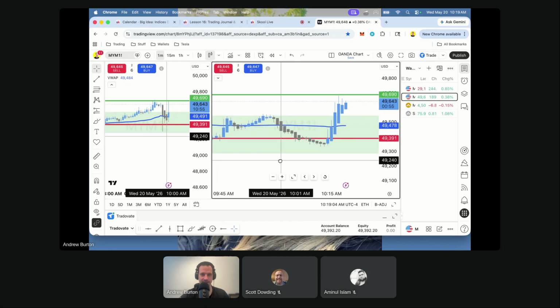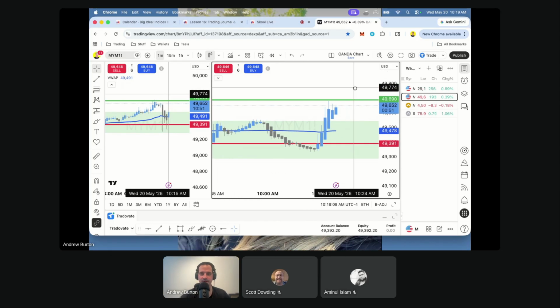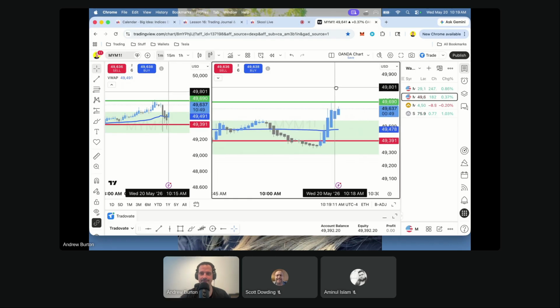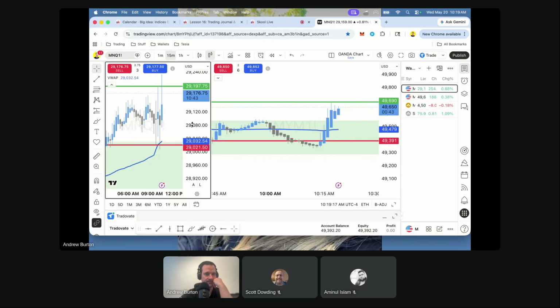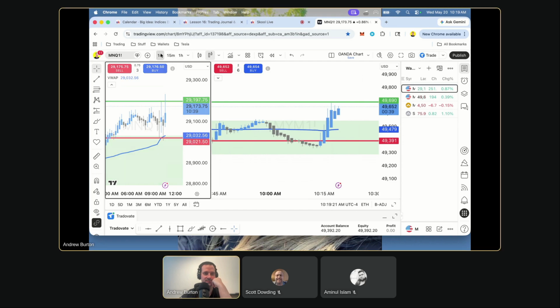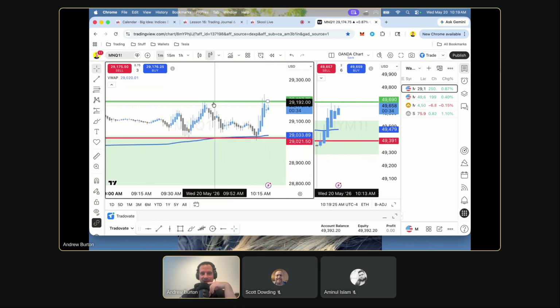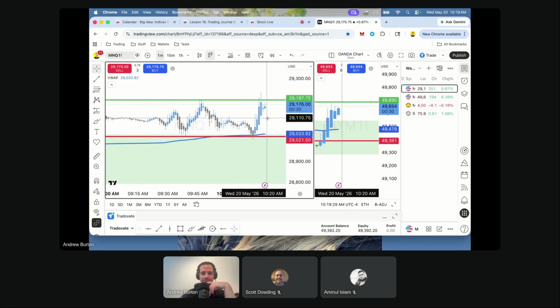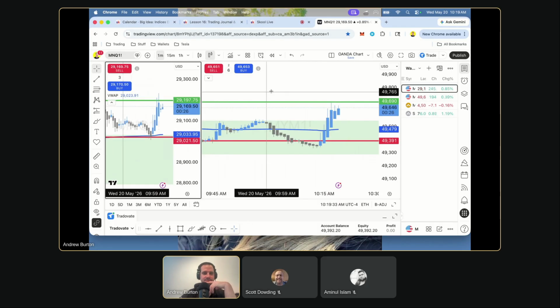So it just didn't give us what we want today. Look at this, and now it's just going sideways for the US 30. Let's put the Nasdaq over here. Watch this on the 1-minute chart. It just popped up there, grabbed the liquidity from this, and now we're ranging again. Craziness.